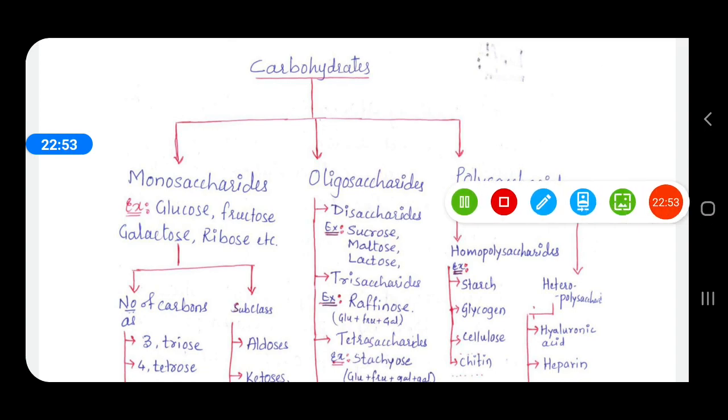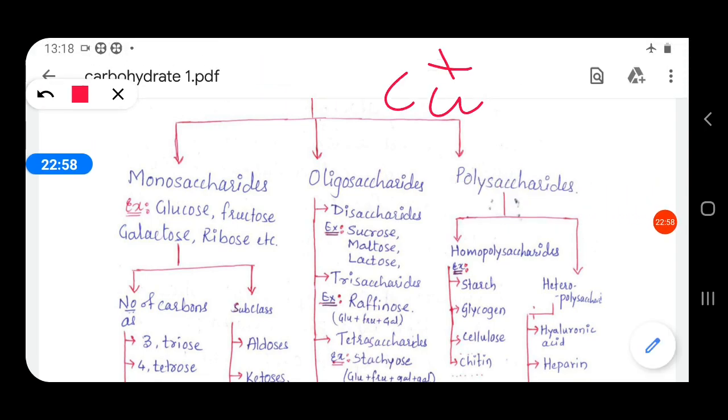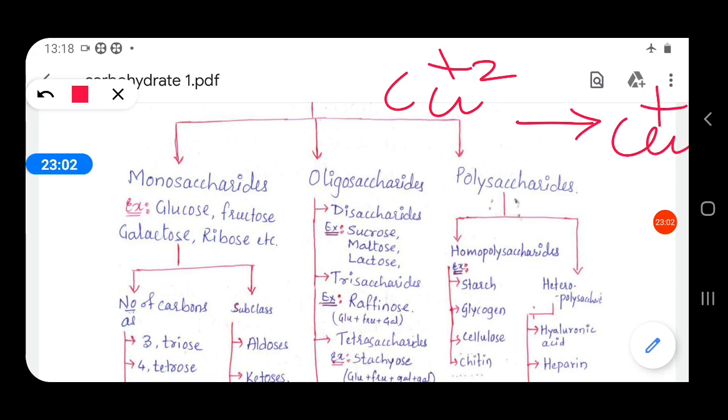So Cu2+ is converted into Cu+. This is reduction. This is brought about by the carbohydrates, which convert Cu2+ to Cu+.